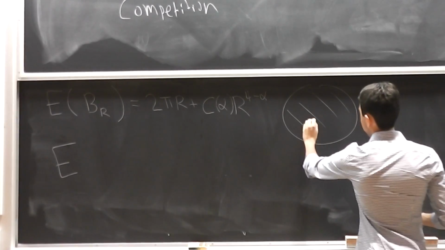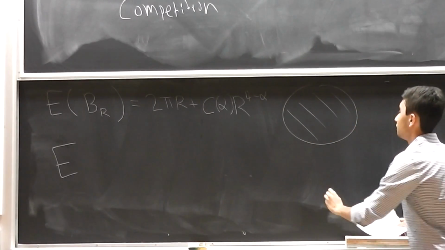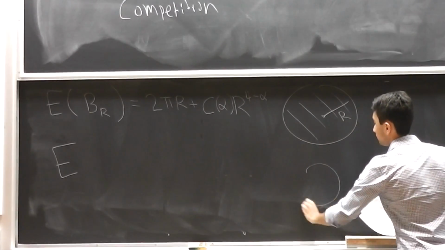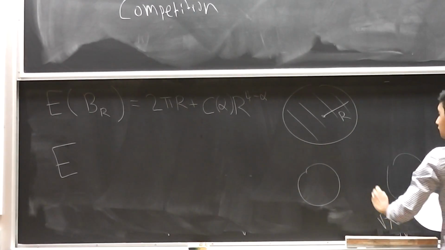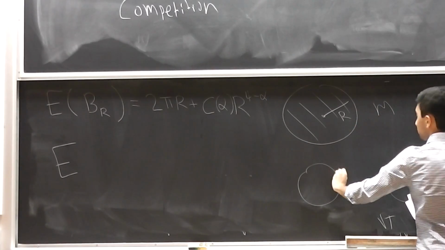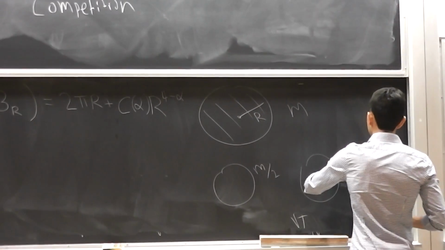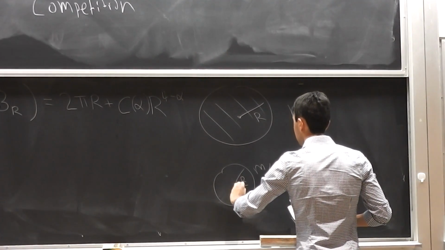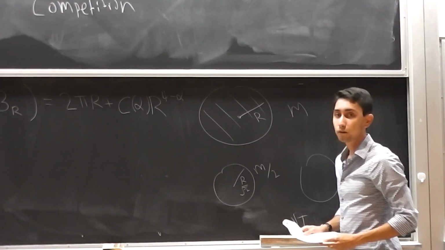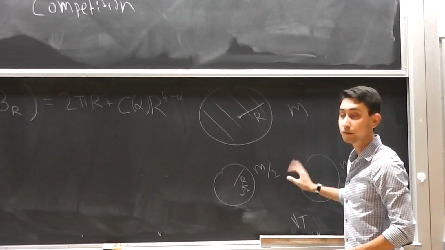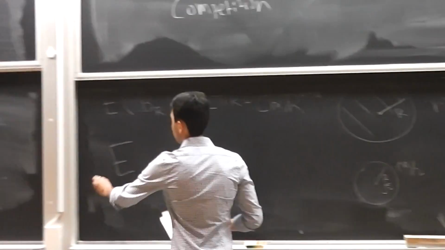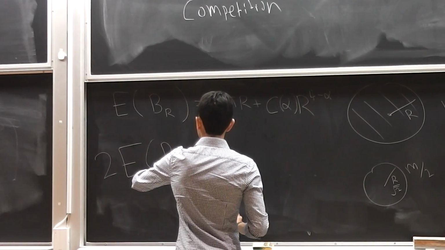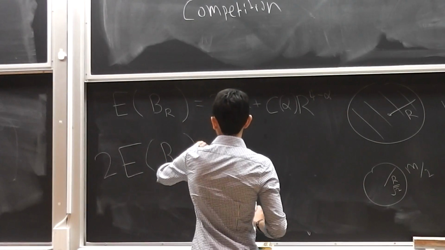So now what if we break this into 2 pieces? This has radius r. If we break these into 2 pieces of mass m over 2, then the new radius is going to be r over the square root of 2. Now what happens if we compute the energy of this new set? We're going to get 2 times E of m over 2.